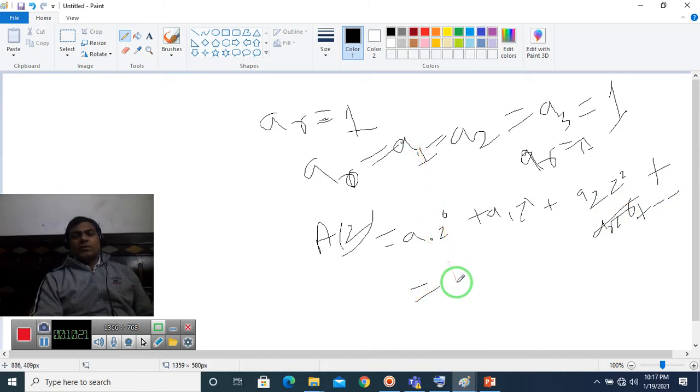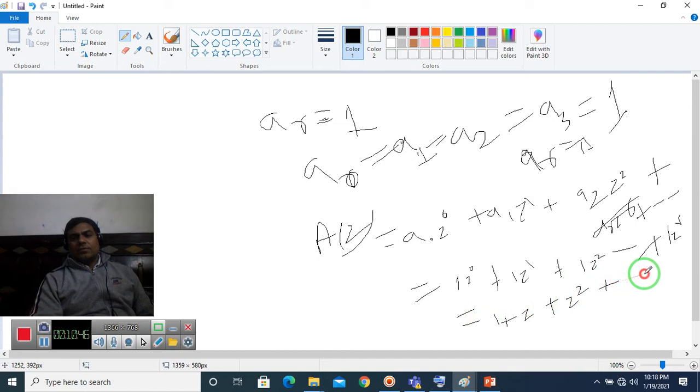Put the values: 1 z0, 1 z1, 1 z2, 1 z^r. One plus z plus z square plus z to the power r. This is a series. We know that the sum of this series is 1 upon 1 minus z. This is an infinite geometric progression, so the final answer is 1 upon 1 minus z.